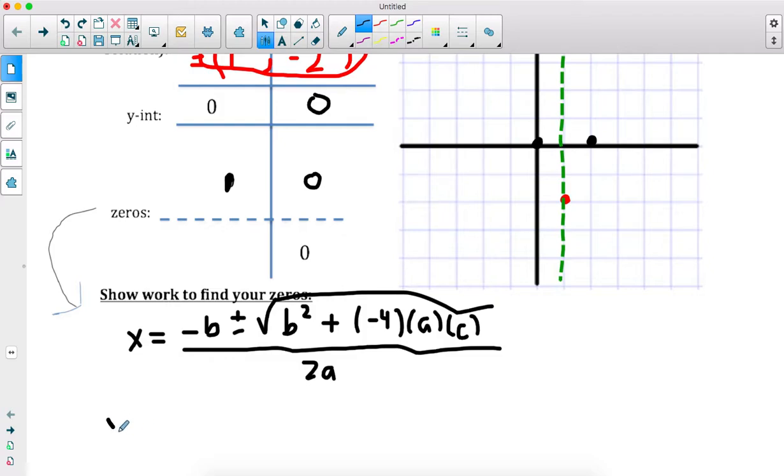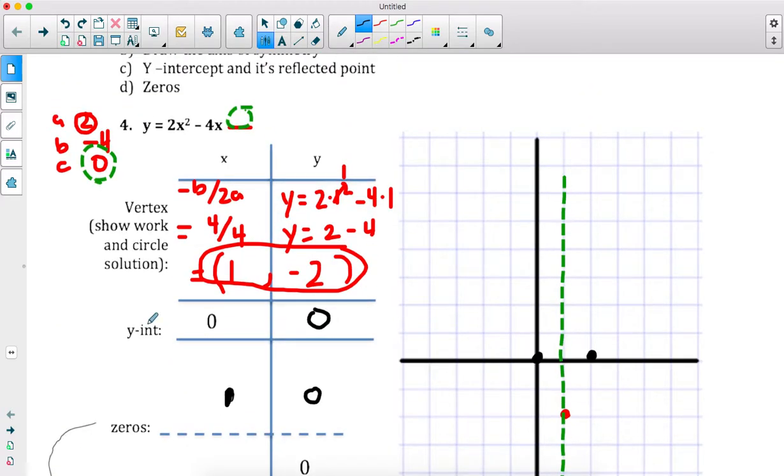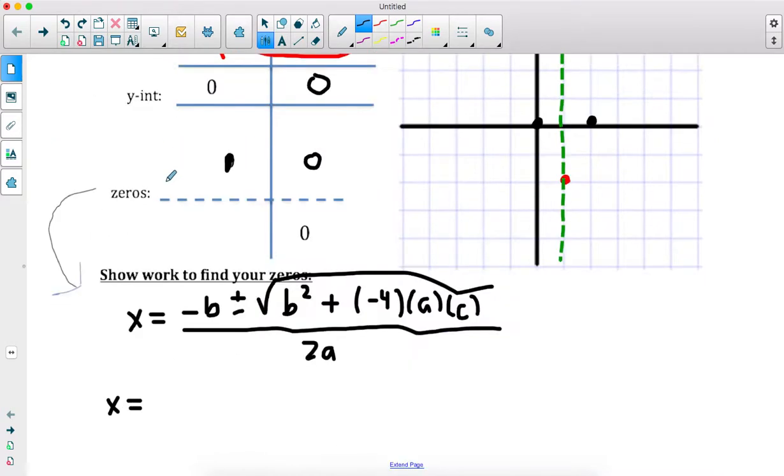All right, so I'm just going to start subbing my numbers in. So negative b means the opposite of negative 4, so we'll get positive 4 plus or minus the square root of b squared. So that's going to be 4 squared, which is 16. Or negative 4 squared, I should say. But either way, this squared term will end up positive.